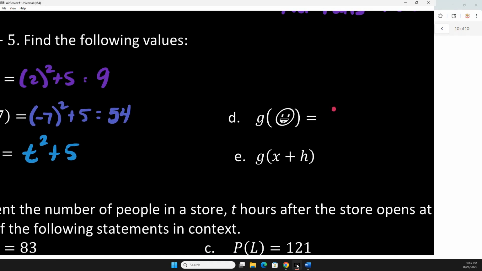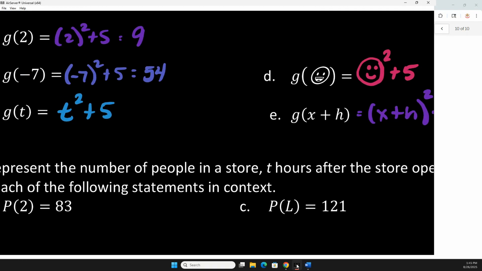So we're going to square a smiley face, and then add 5 to it. Right, and then the last one, we're putting in x plus h. So we're going to square it, and then add 5 to it. So that might be kind of weird. Probably in Algebra 2, you only put in numbers, but you can put other variables into a function.